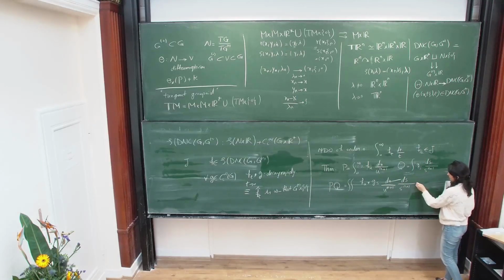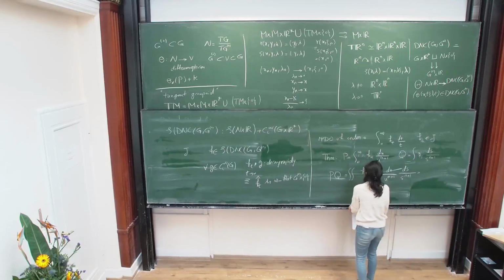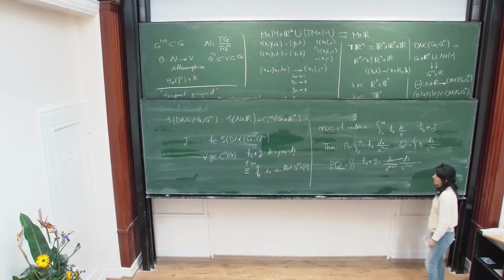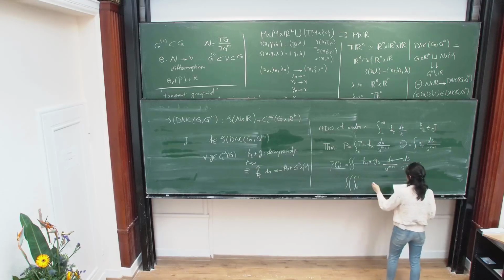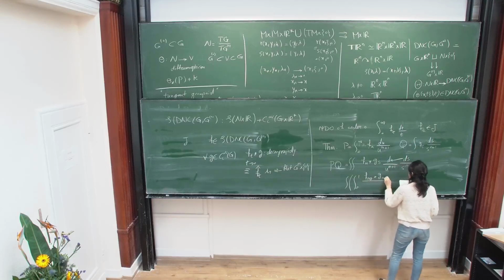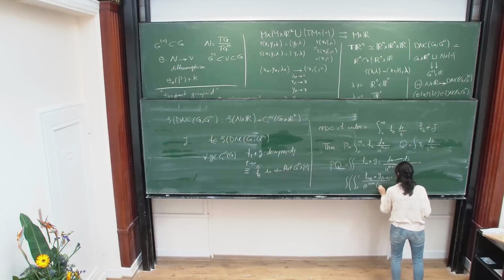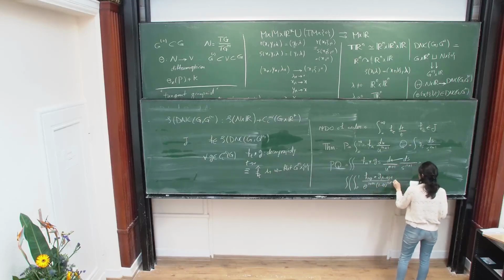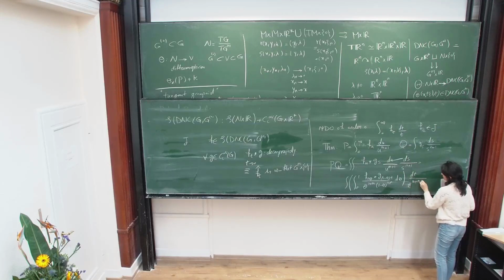And we can change the variables to take this integral over 0, 1: ft theta is g1 minus theta t, theta to the power 1 plus m, 1 minus theta to the power 1 plus m, d theta, and dt over t to the power n plus 1.